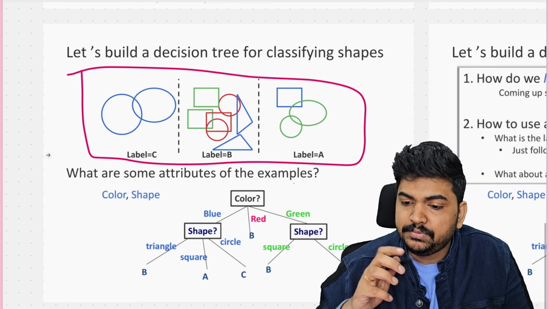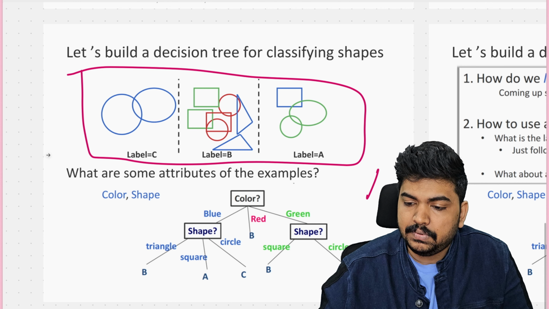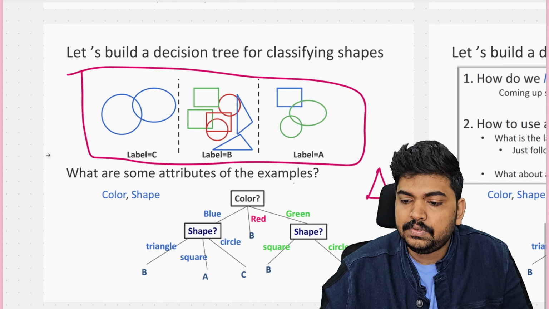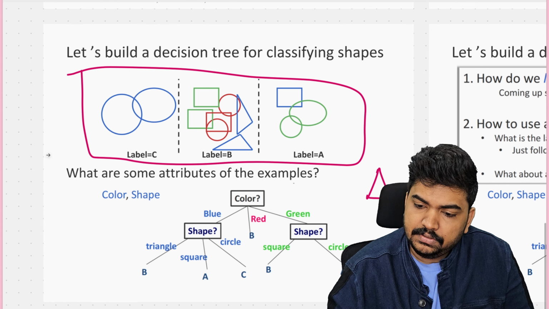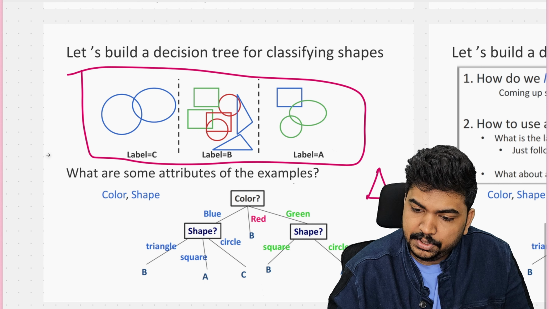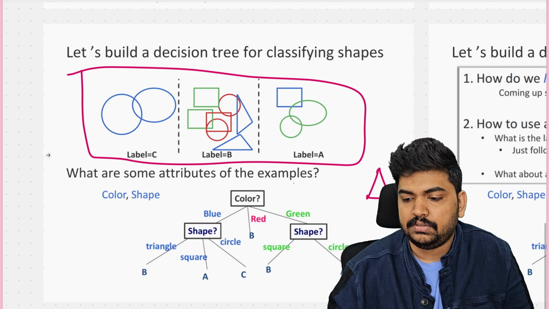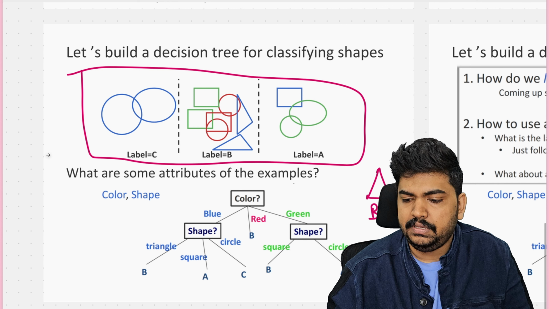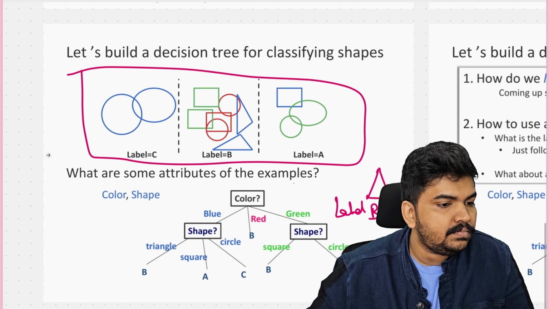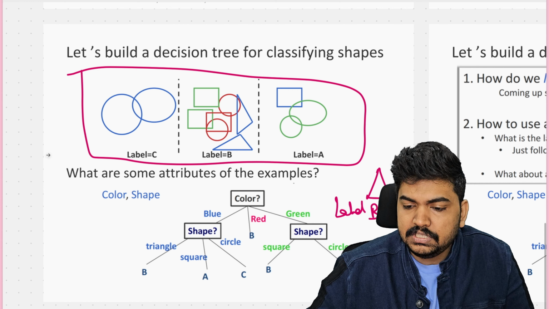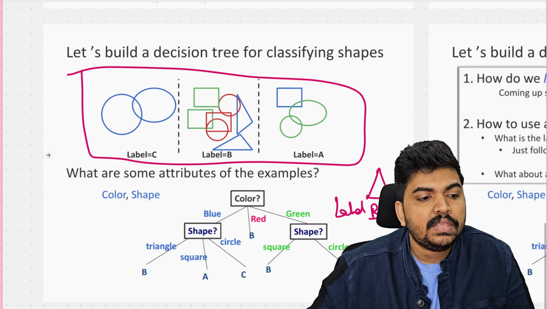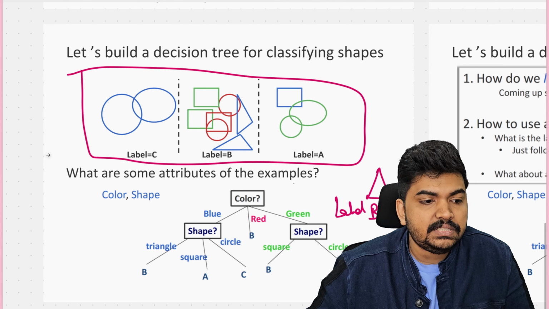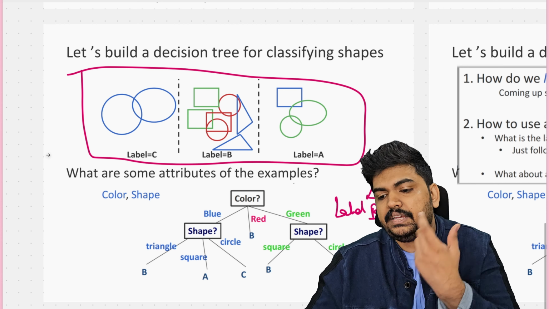And what happens if you have a red triangle? We will consider first the color, and if the color is red, we assign it the label B. So it belongs to label B. It's as simple as that. So you can see that even though it is a data structure which has stored the information hierarchically, it covers examples that are not even present in the data.